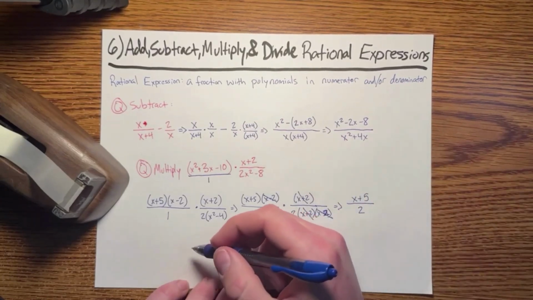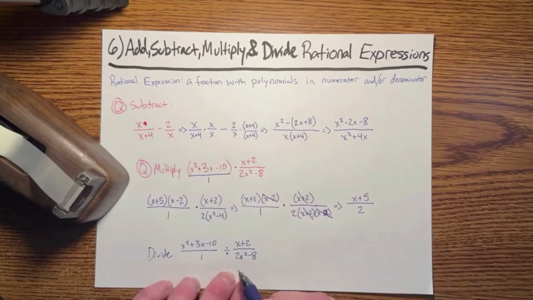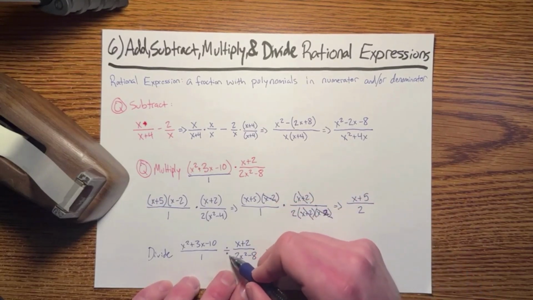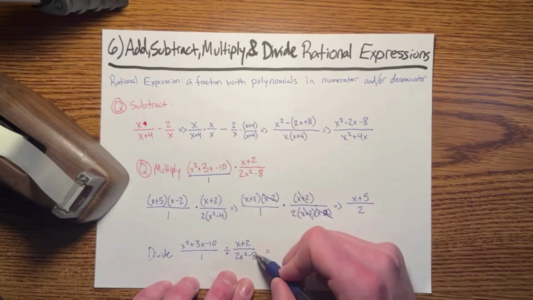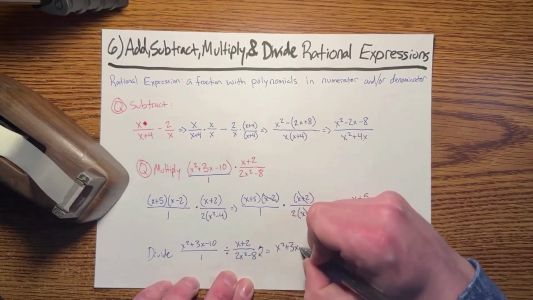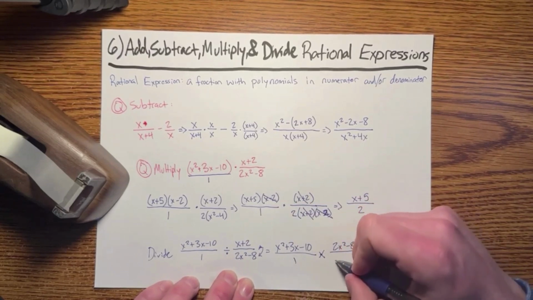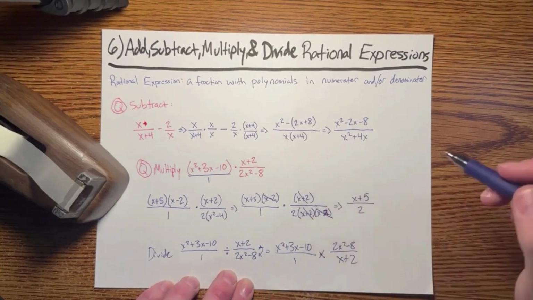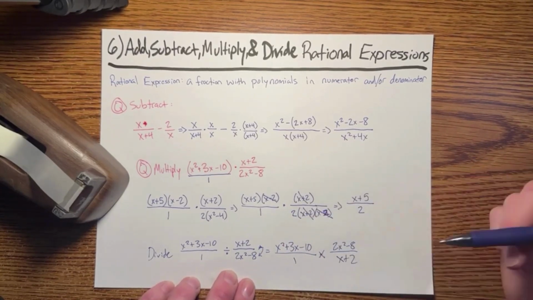Similarly, if you're given a division problem, the thing to do first is to change the division to a multiplication and reverse these. That's the quick and easy way to do that. Simply flip the second half, change it over to multiplication, and then work through the problem just as you would a standard multiplication problem.